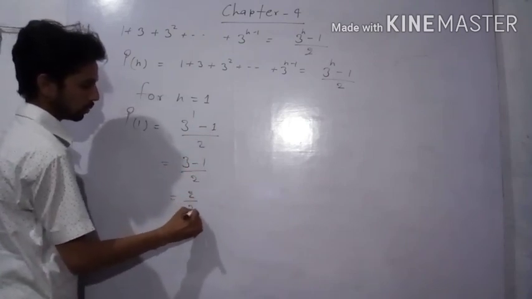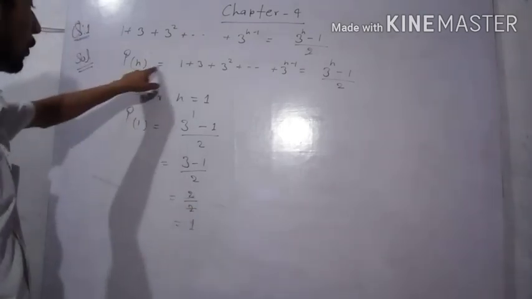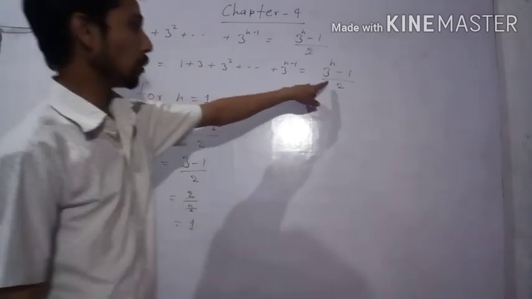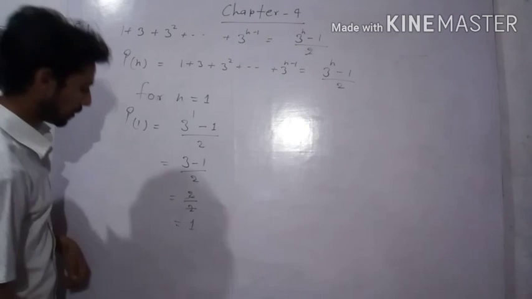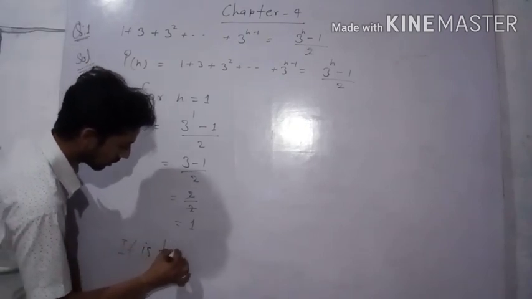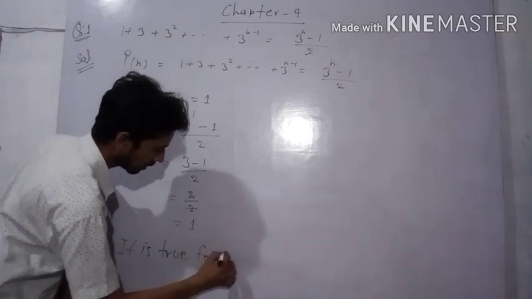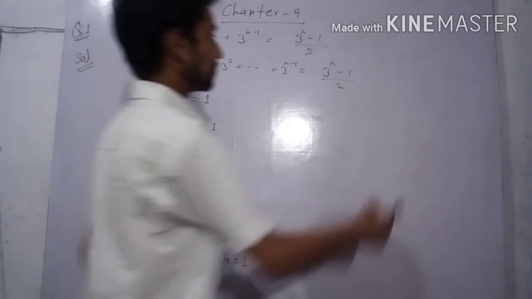So 2 upon 2 is equal to 1. The first term is 1, and from the RHS, when n equals 1, it is 1. So it is true for n equal to 1.